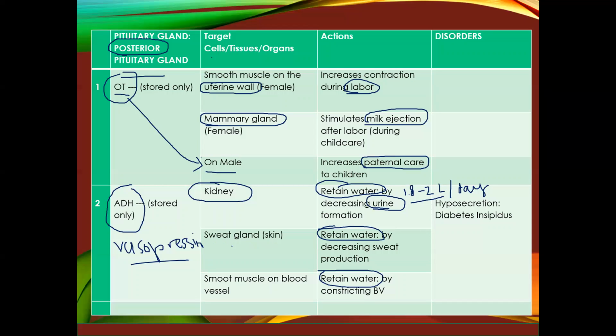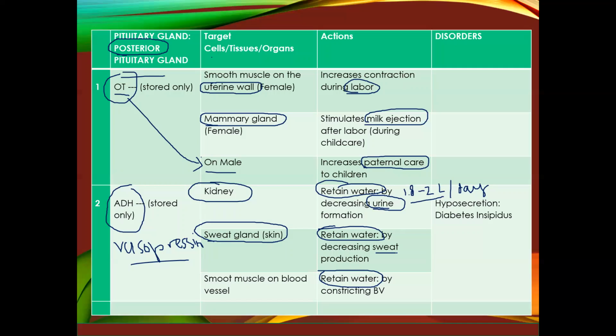And the one that also releases water is the sweat gland, right? When we are sweating, our water will be out from our body. So the sweat gland will be the second target for the ADH.